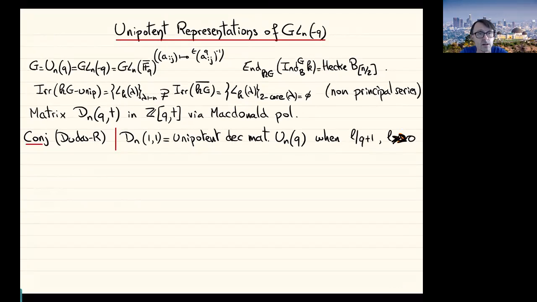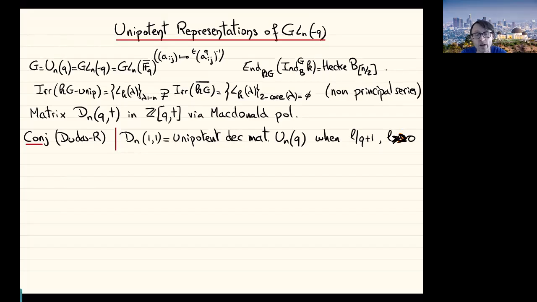What's striking is that we end up having to come up with a two variable version of decomposition numbers. The typical q-decomposition numbers, when you specialize q to 1, you get your decomposition numbers back.